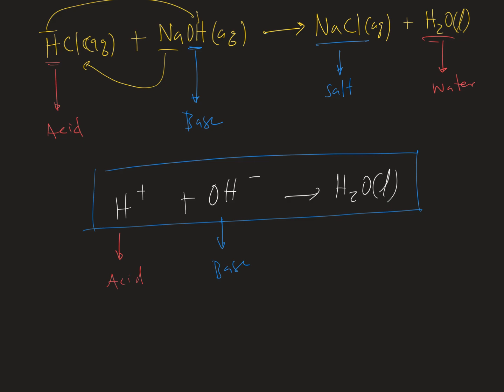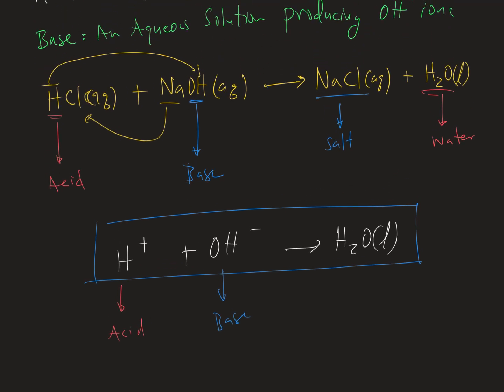Does anybody need another example of an acid base? Will we always get NaCl as the salt? We will not. What's another name for salt? Ionic compounds. Good. Okay, that's all I have. Any questions?